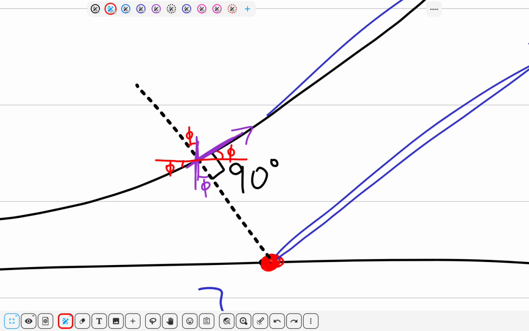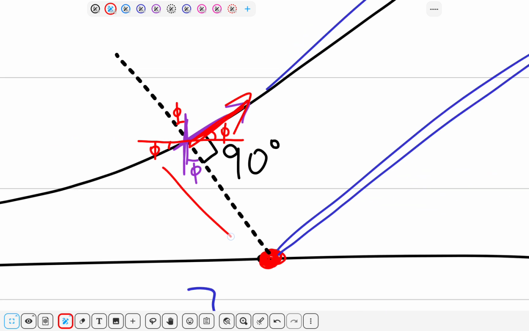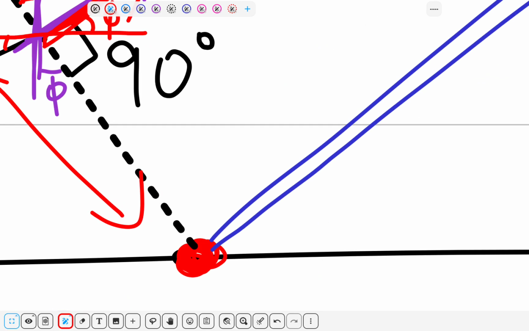The thing is, I know the speed here, and I know the distance, and I know the angular momentum value. Okay, I know so much stuff. I know this angle.